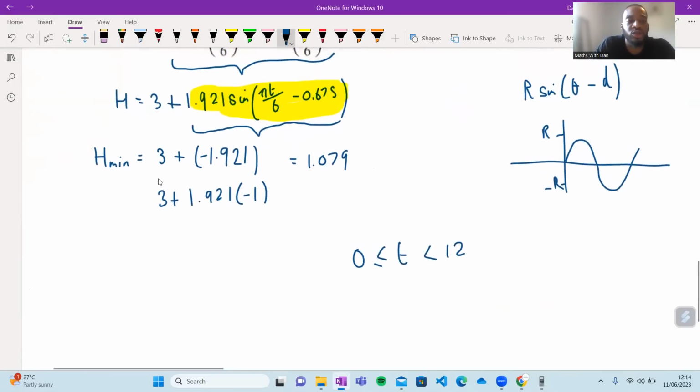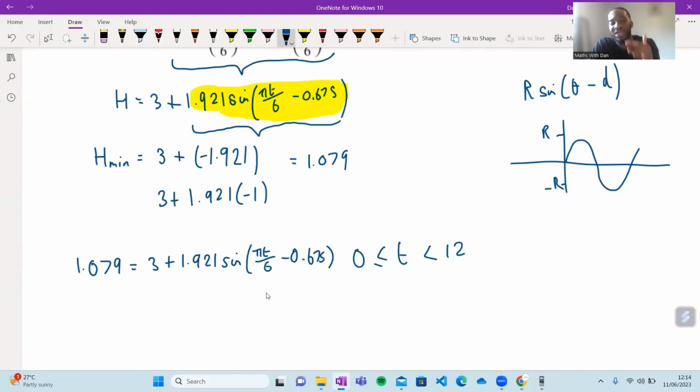Now, what you can do is say the minimum height occurs at 1.079, right? So you could just make your function equal to that, 3 plus 1.921 sine of that. But you can realize that the part of the function that determines whether it's the minimum or the maximum is sine.